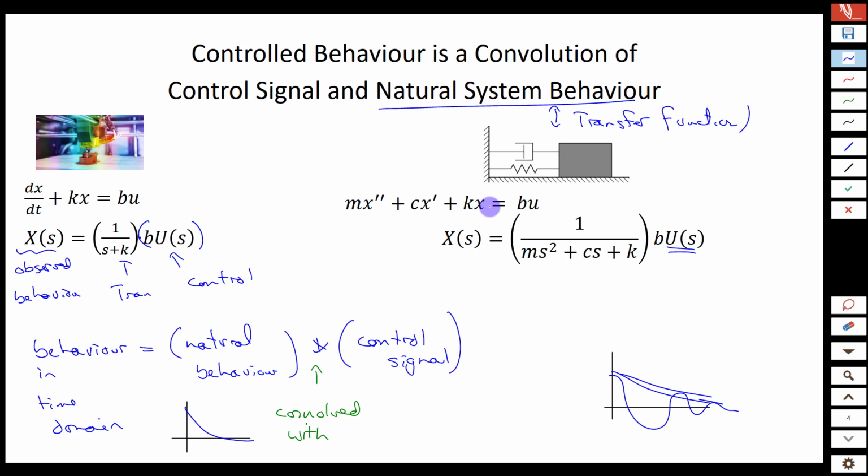Anytime we have a bunch of derivatives of some unknown function we're trying to track down, representing our behavior, and we have some kind of control applied to that, we're always going to end up with this mathematical form. And so we can always think of separating the output, the things that we're going to actually see, as some combination, specifically a convolution, of the natural system behavior and the control signal.